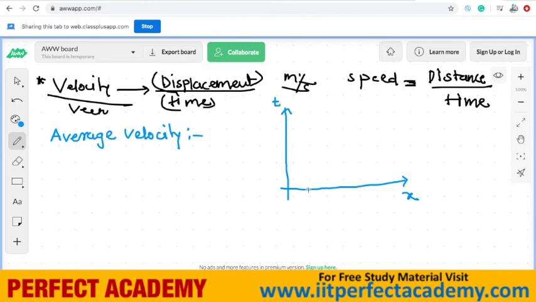So let us say initially the particle is at x1, then it is going to x2, then x3, then x4 in times t1, t2, t3 and t4. Now if I plot the graph, I can plot these points.